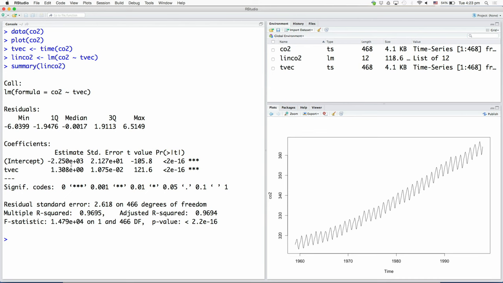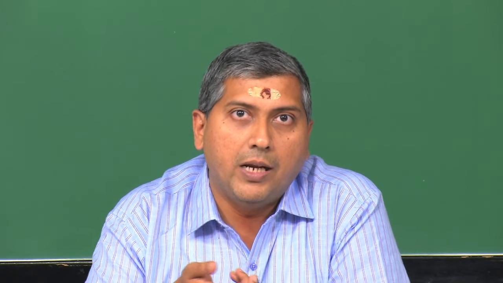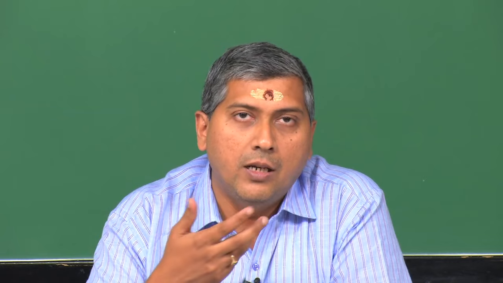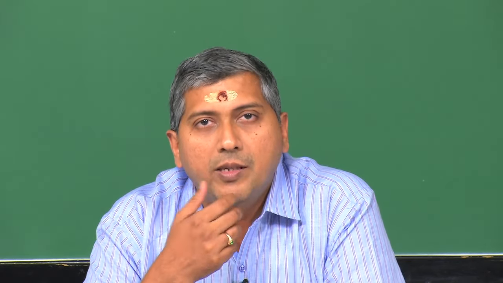So, the estimates, of course, we can read off. By themselves, the estimates do not carry a lot of information. They have to be interpreted in the context of the standard error. What I mean by that is, suppose the estimate here was a very small value, you cannot come to the conclusion that the estimate can be neglected. Suppose the slope turned out to be 10 power minus 4, it has certain units, so it is going to be sensitive to the unit.